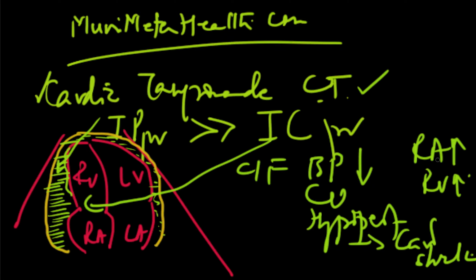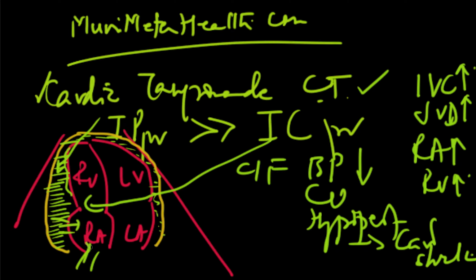Because the RA and RV pressures are high, the jugular venous pulse will be high, and therefore jugular venous distension will be present. The IVC will be distended as well. In fact, if you were to look at the IVC here, remember the IVC and SVC pour into the right atrium. They bring blood from the lower extremities in the case of the IVC, and from the upper extremities, head and neck area from the SVC.